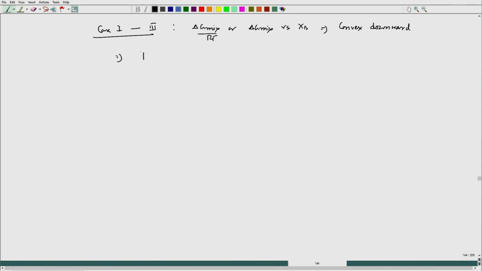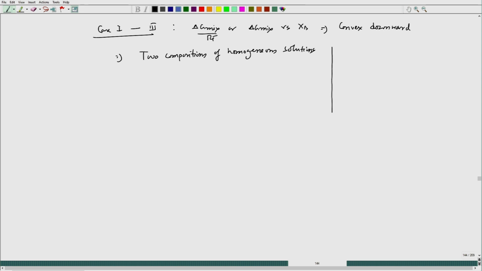So, let us take two compositions of homogeneous solution before the start of the experiment, or the start of the global solution formation. Let us say I take two compositions of homogeneous solutions chosen from that delta G_mix by RT plot. How are we doing it?